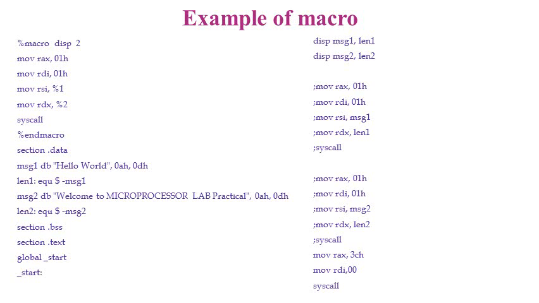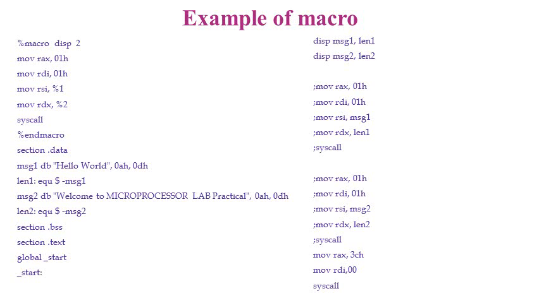Here I create a macro with the name disp and I'll pass two parameters to it. So %macro disp 2. Then in the body of the macro I have written the system call for syswrite. The code of that syswrite is like this: mov rax, 01h, mov rdi, 01h, mov rsi, %1, and mov rdx, %2.